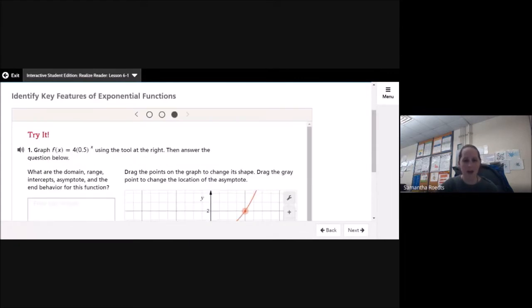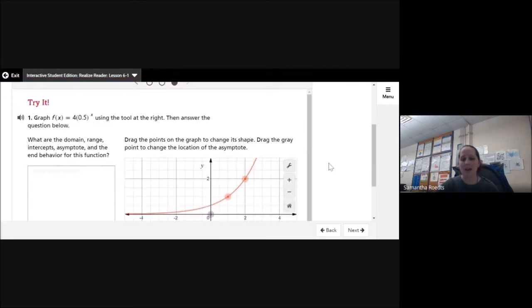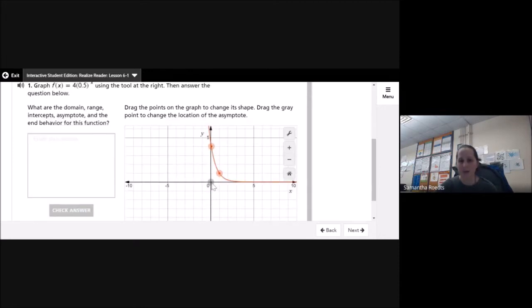All right, so let's try it. Graph f of x equals 4 times 0.5 to the x using the tool at the right. Then answer the questions below. So 4 tells me where I cross. So there's 4. And I'm getting closer and closer to 0, so my asymptote is still the x-axis.